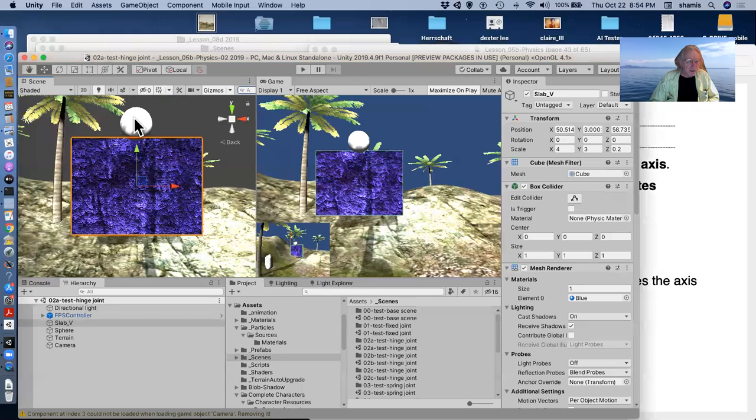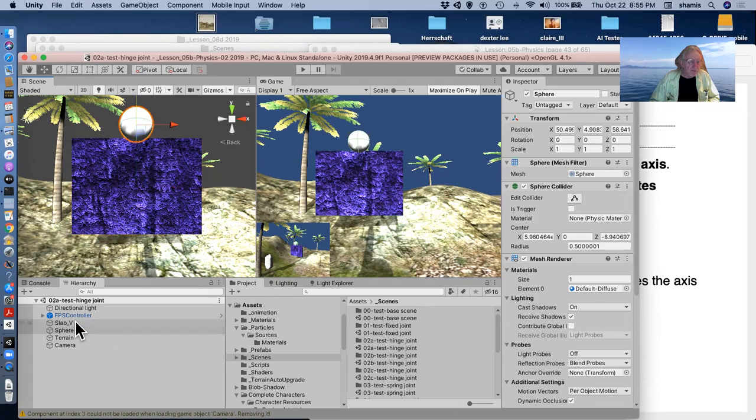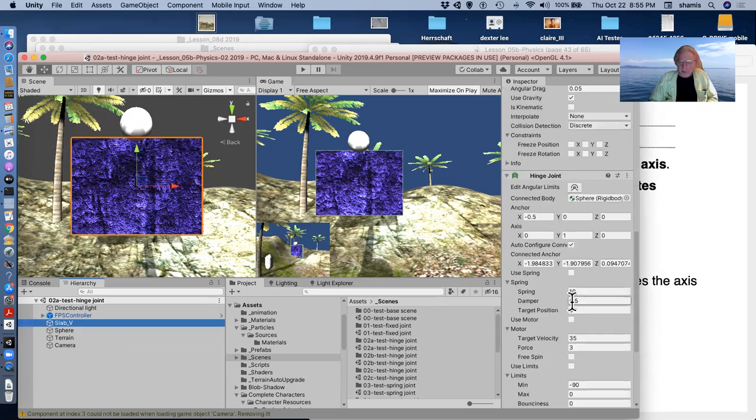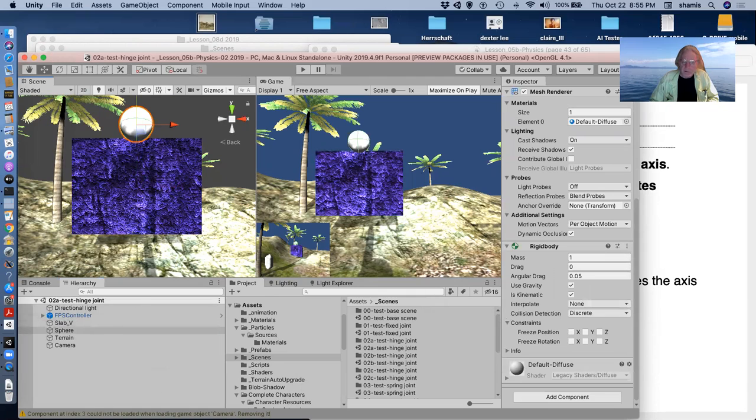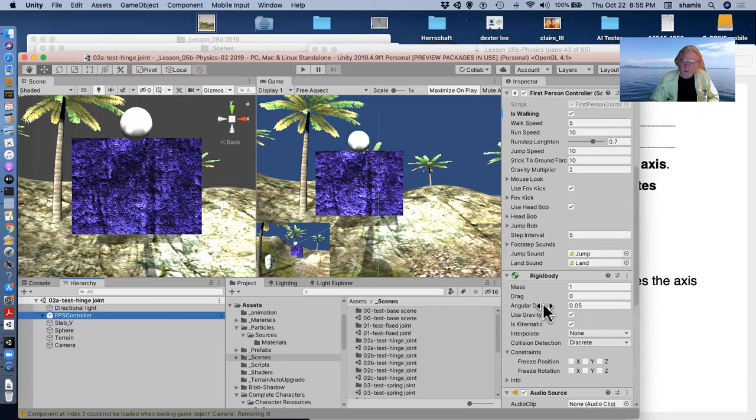I've got this object up here, the sphere. I'm not sure if I'm using it or not, but which sphere is that sphere? I am using it. So here's the hinge joint component. It has a connected body, and so it's connected to this sphere. I assume it's that sphere, not the other sphere.